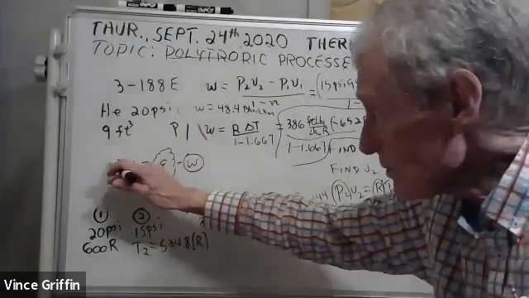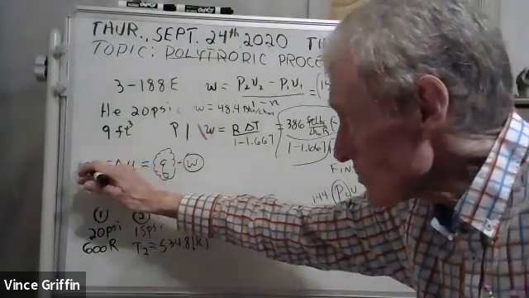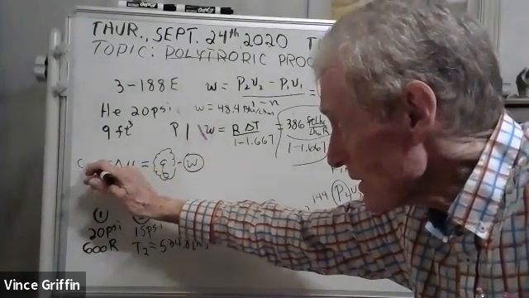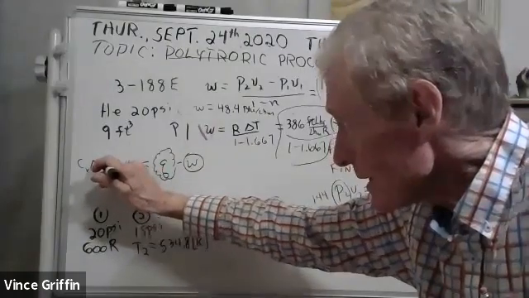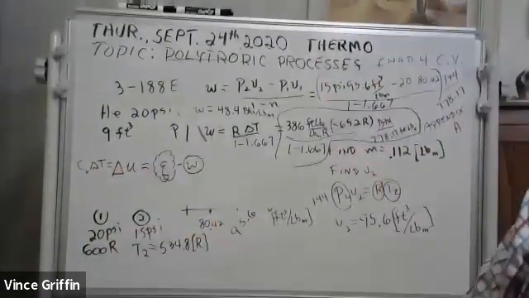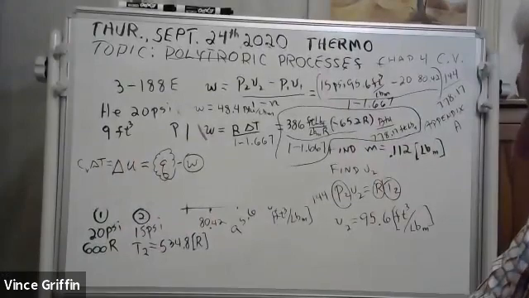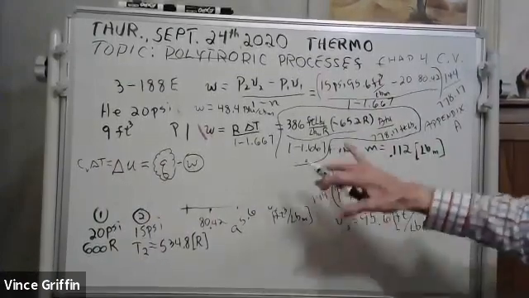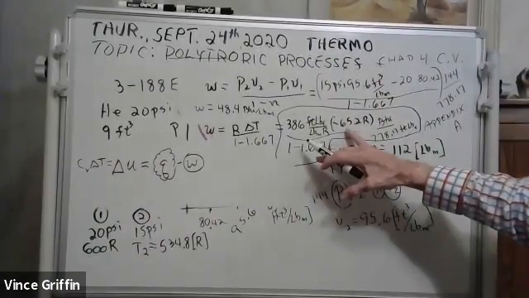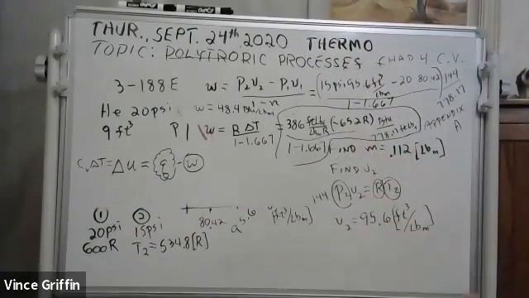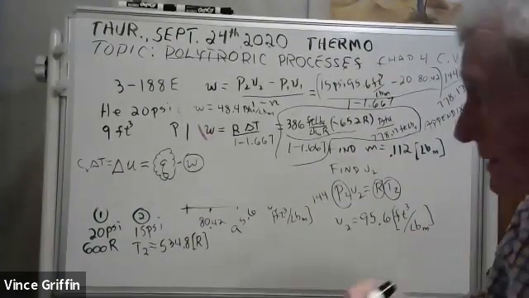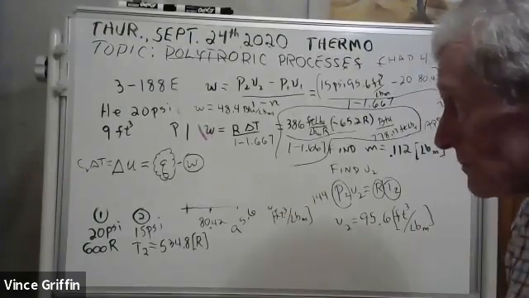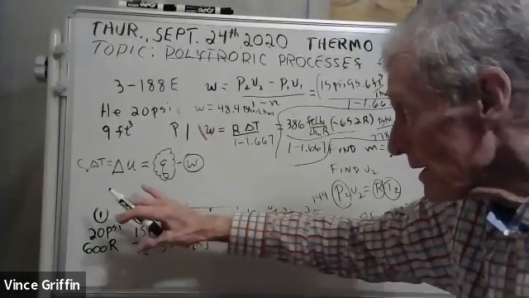Well, we have a lovely equation for that too. It goes like this: C sub V delta T. But we're going to have to look up C sub V in the back for helium. Now the delta T, I think we got that. That's 65.2. Yeah, we got that. So I'm going to let you do that.